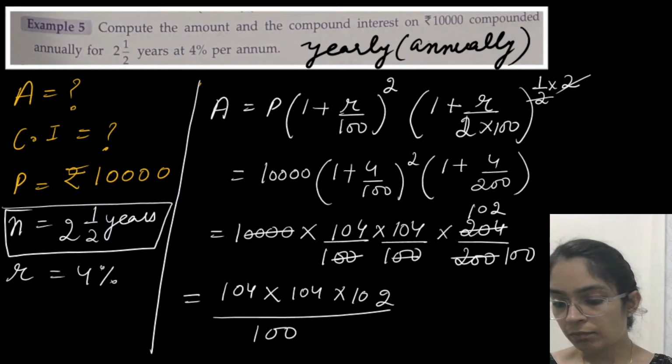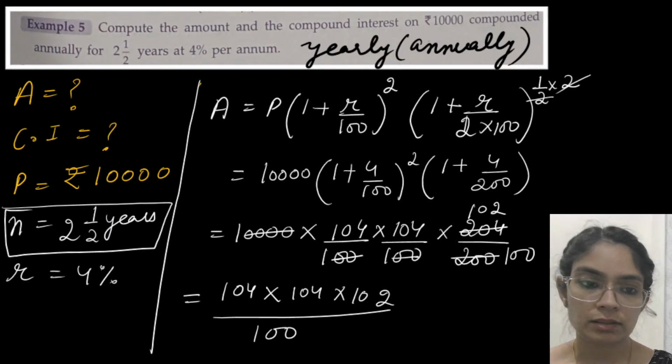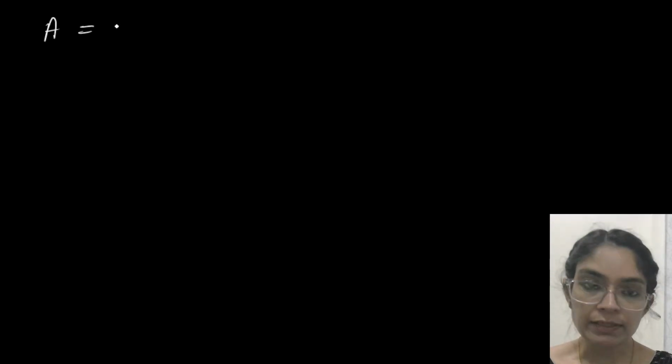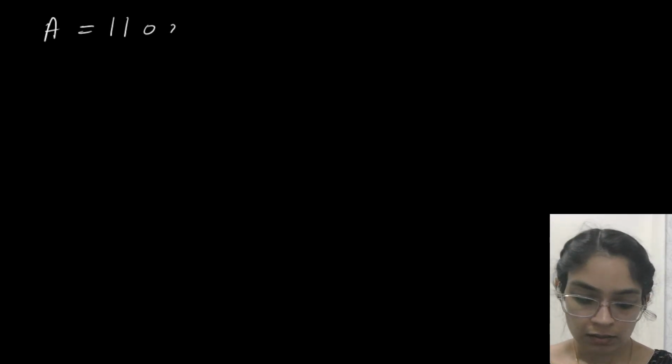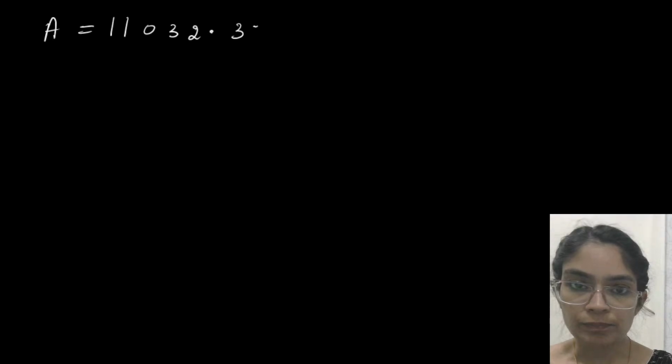Why different answers? Everyone has given different answers. So what is the value of amount? All the calculation you can do. So A is equal to 11,032.32.